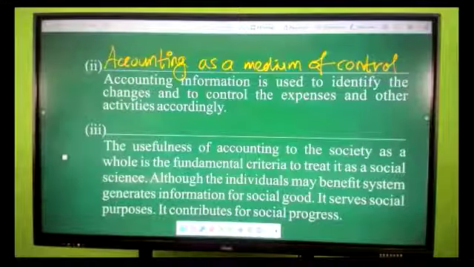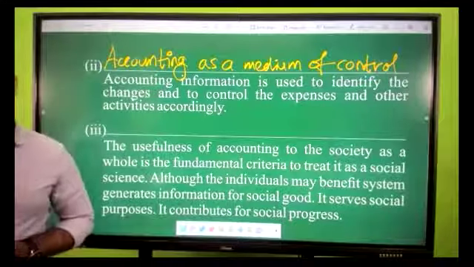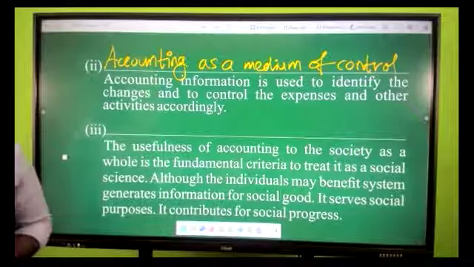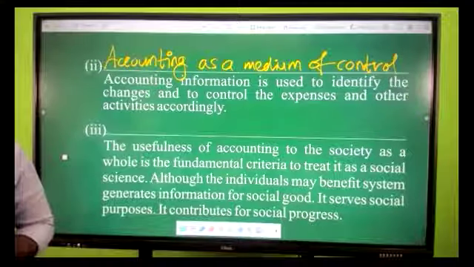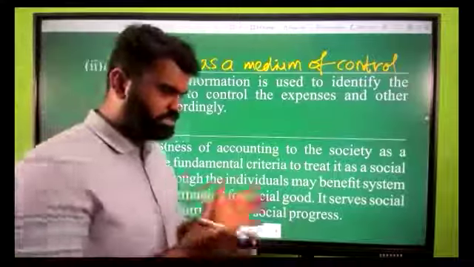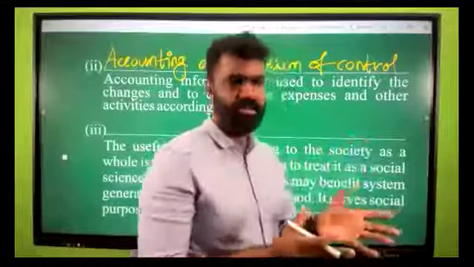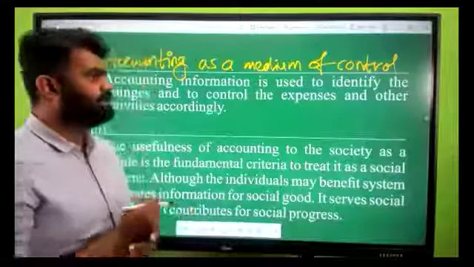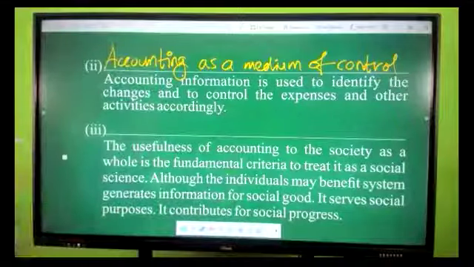What is it? Accounting information is used to identify the changes and to control the expenses and other activities accordingly. Right, throughout relevant expense accounts, cash control account, and assets account, we can control our resources. We can carefully control.